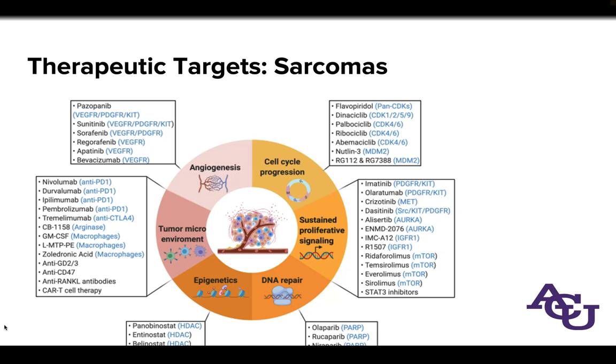Now, if we go look at the right-hand side, the second box there, we have various inhibitors for mTOR, which is another one of our signal pathways here. On the left-hand side, you can see there's a variety of things. There's a selection of monoclonal antibodies to shut down PD-1. There are things that target macrophages. We have T-cell-based therapies. So there is a wide variation.